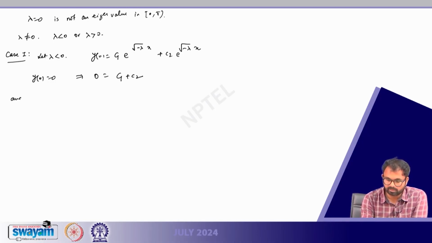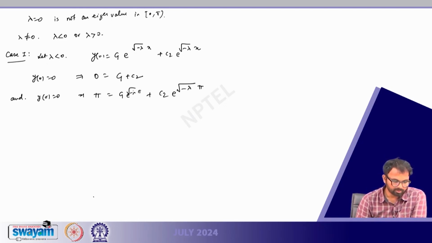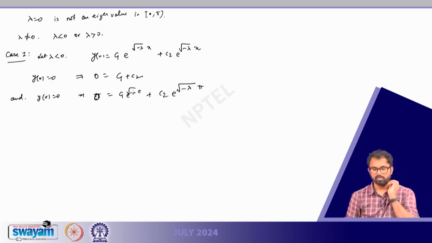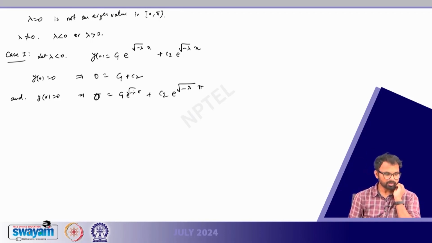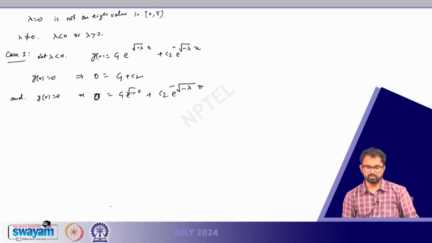And y(pi) is also 0, so this implies C1 e to the power of minus square root of minus lambda pi plus C2 e to the power of square root of minus lambda pi equals 0.